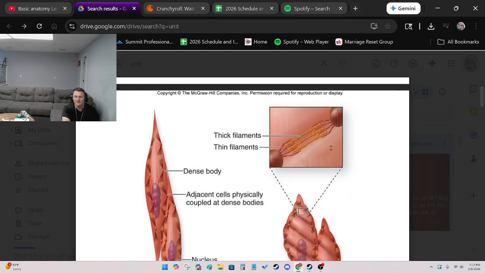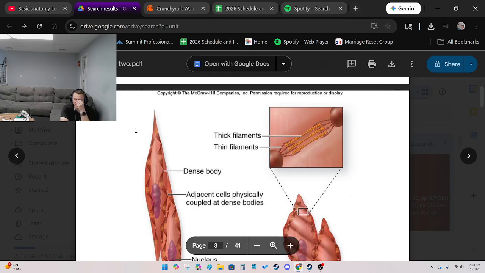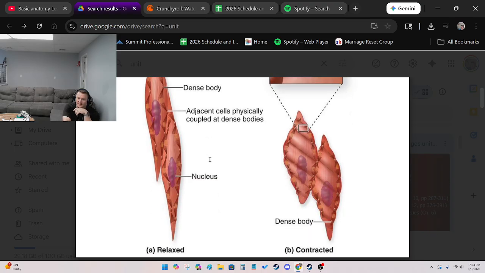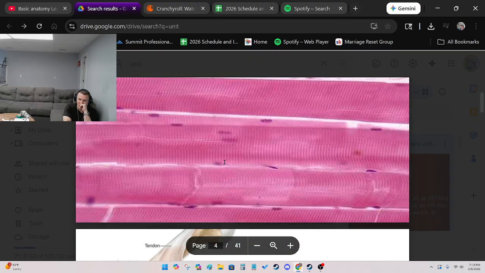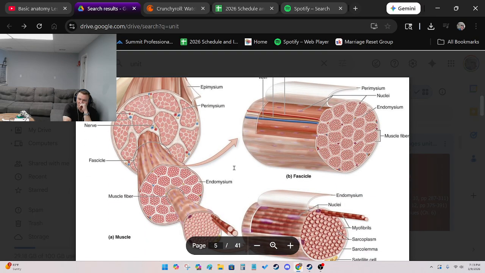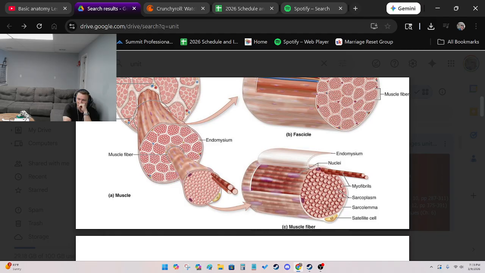The thick filaments have little fingers, like projections that will grab in the contraction and cause that muscle to shorten and lengthen as they are turned on and turned off. And they do that through neurotransmitters, I do believe. But this cellular biology stuff, like I say, not my thing.